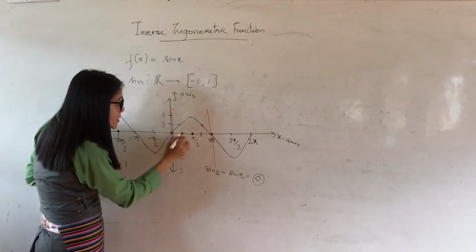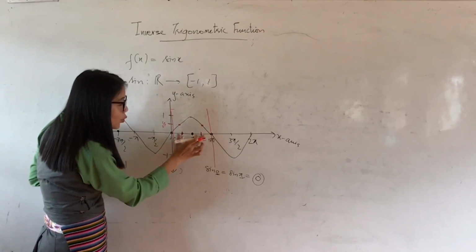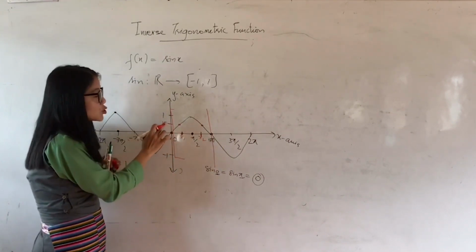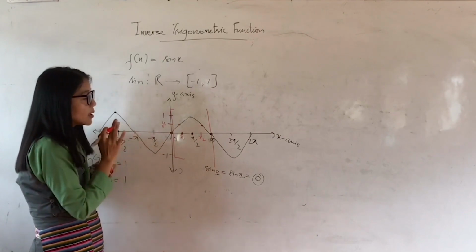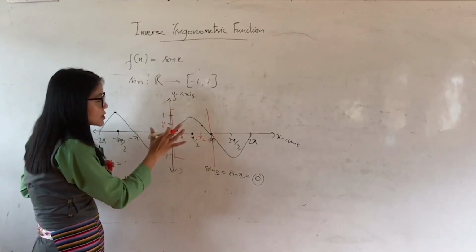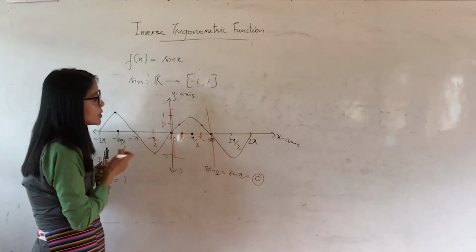So let it be x1 and x2. So x1 and x2 are some points within this interval. These two are distinct elements, but they have the same image, right? So again this function is not bijective in this interval. So we cannot find the inverse of sine in this interval. Now you have to think of another interval.